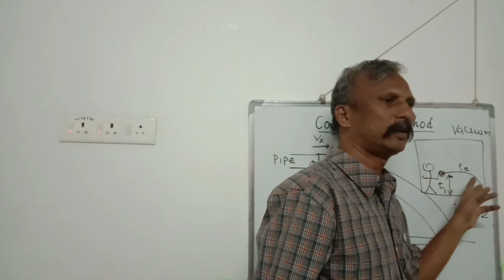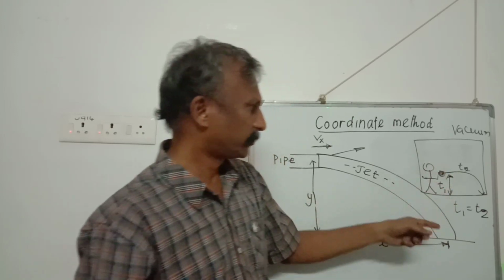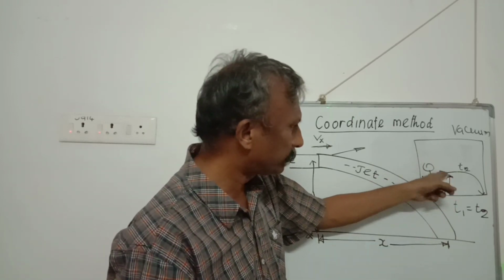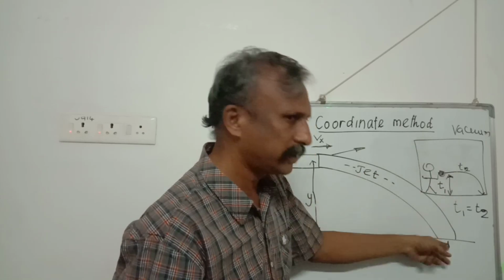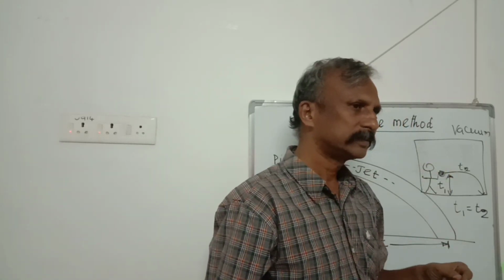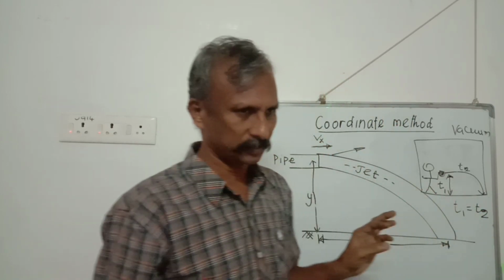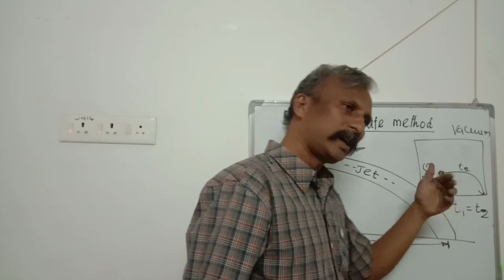Now I will explain why. We will take the first case, when the object falls down from here to here, straight down. Why does that object fall down? It is because of the gravitational force that it is falling down.